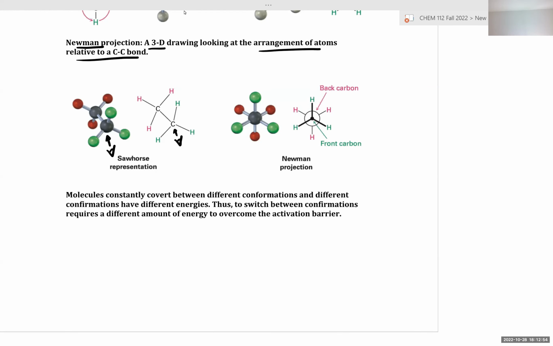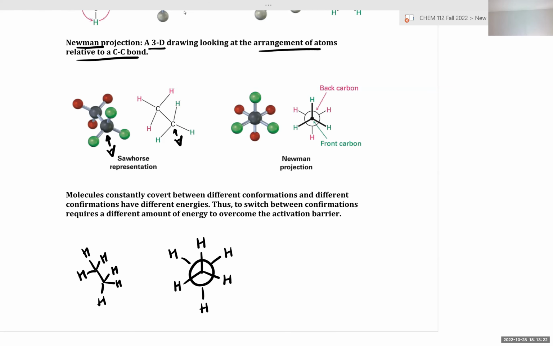In order to draw a Newman projection from scratch, just to show a little bit about how to draw out this Newman projection template without using the template, we draw our front carbon. We draw each of the three substituents that are visible attached to our front carbon, and then we draw the three substituents that are attached to our back carbon.